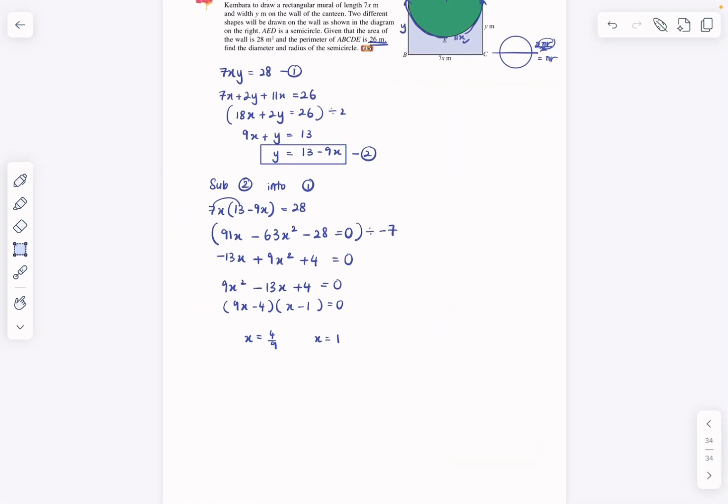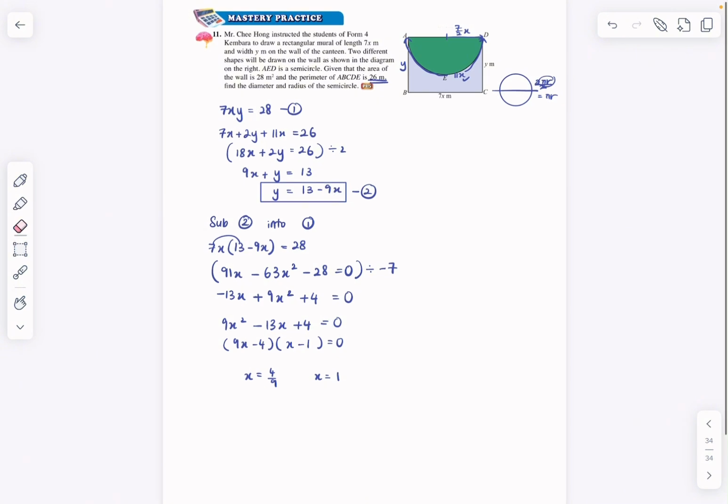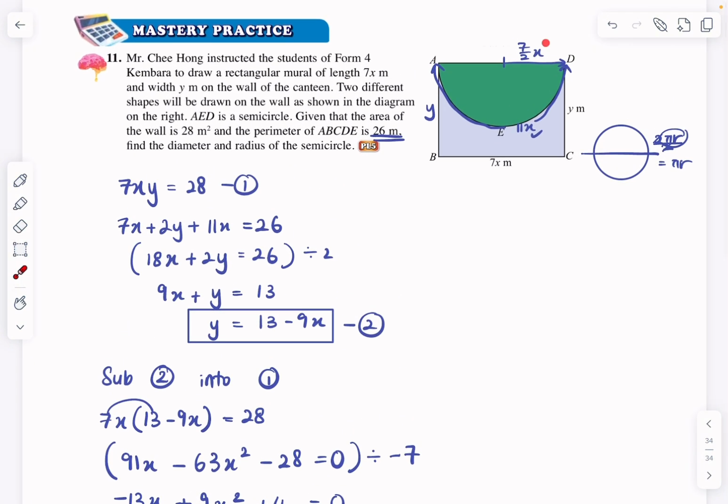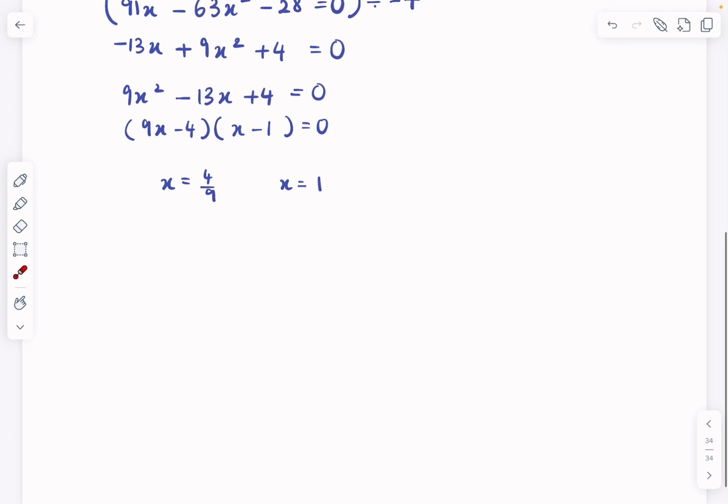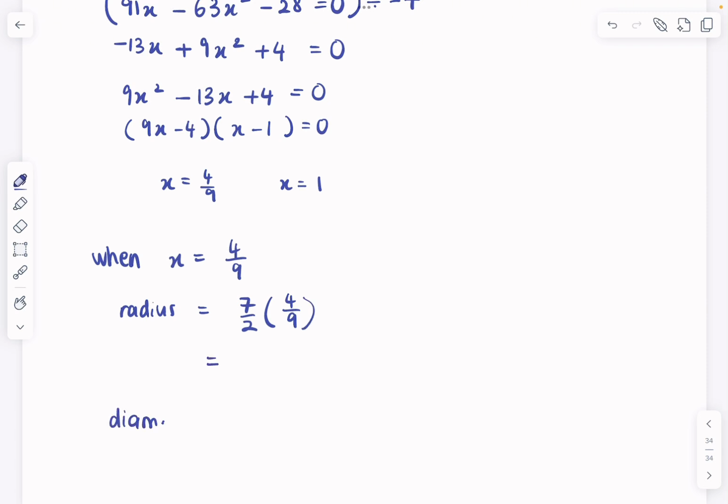We only need the x because the radius is 7 over 2 x, and the diameter is 7x. So when x is 4 over 9, the radius is 7 over 2 x and the diameter is 7x.